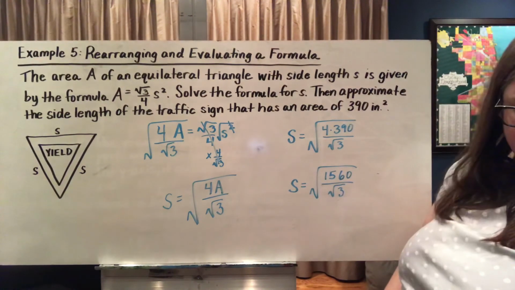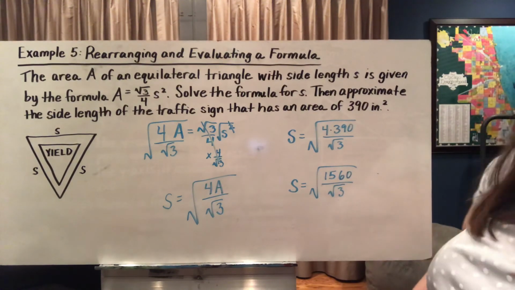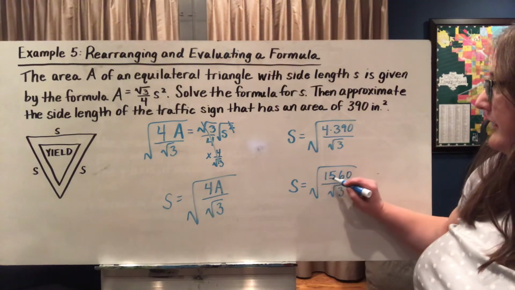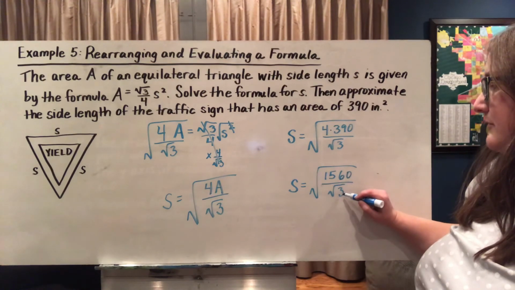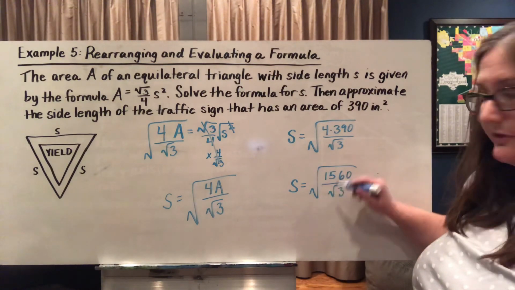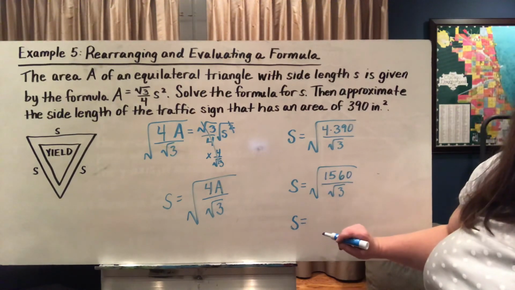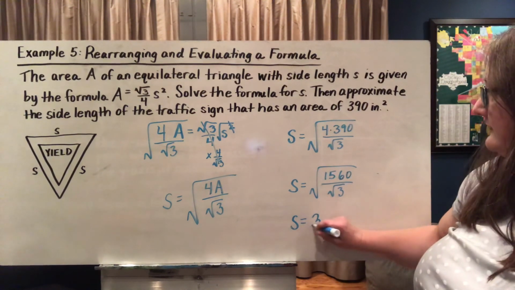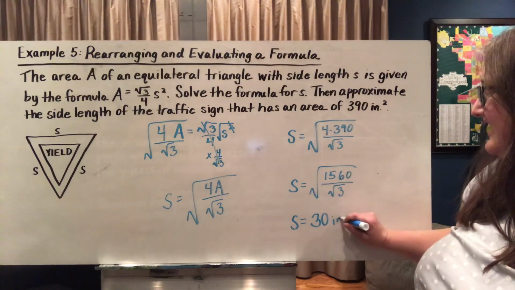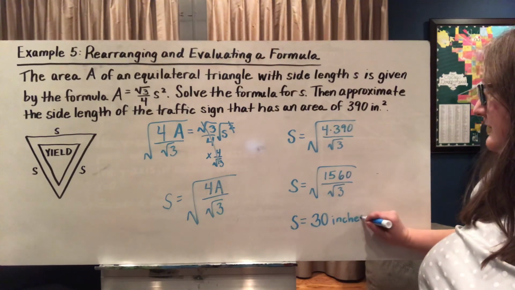And now I'm going to use my calculator here to do 1,560 divided by the square root of 3, and then do the square root of that whole answer. And for my side length, I get 30. So a side length is about 30 inches for this equilateral triangle.